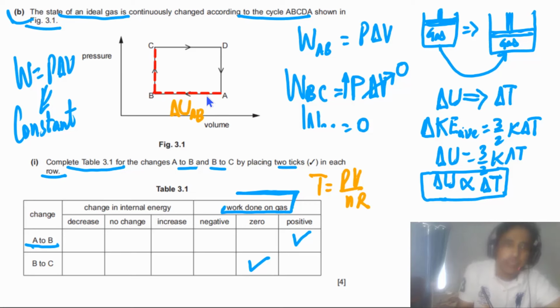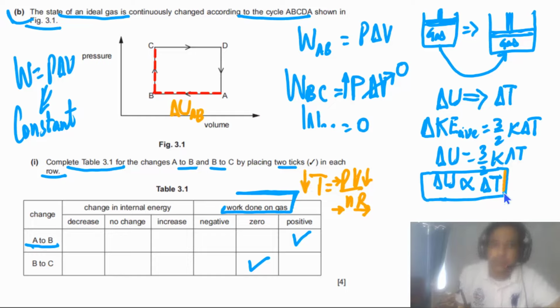Looking at process A to B, volume is decreasing, but pressure is constant. n is the number of moles and R is the molar gas constant, both constant. So it simply means that temperature is decreasing. If temperature is decreasing, delta U is also decreasing. So simply we will tick here.